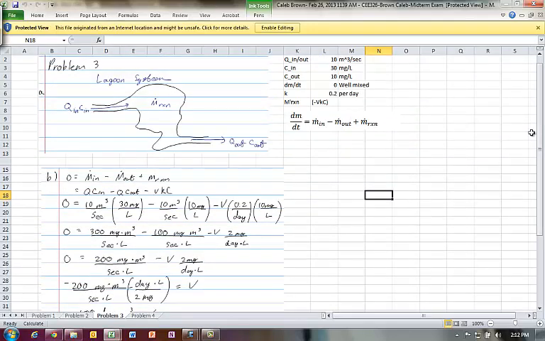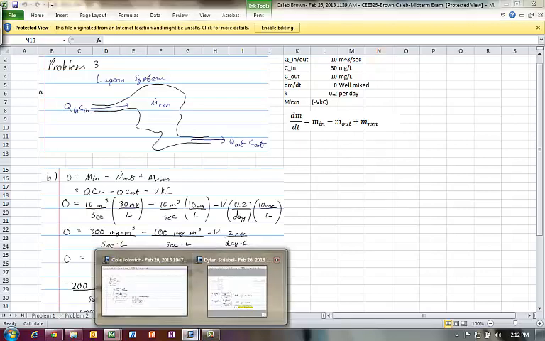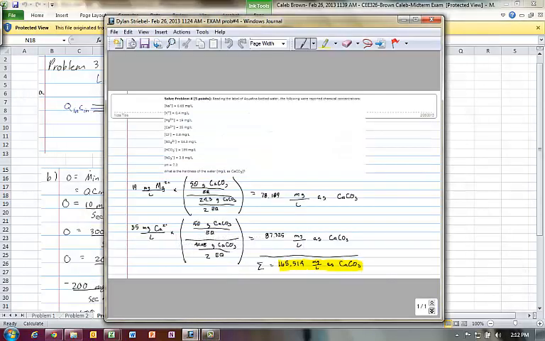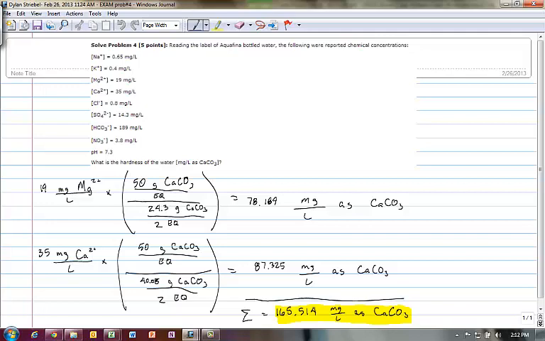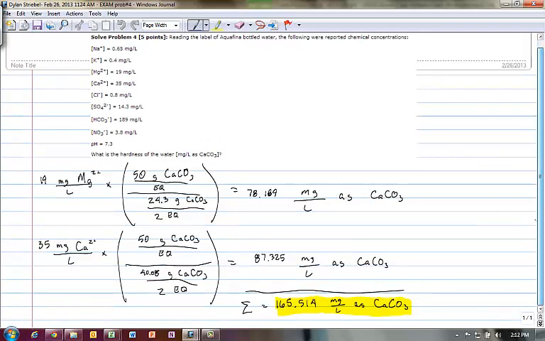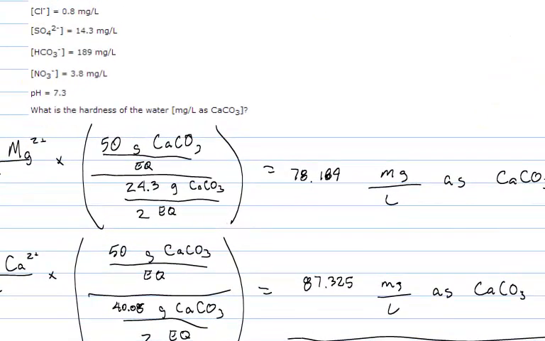And the last problem was the hardness problem. Let's see if I can find that. All right, so the hardness problem. I give you a lot of extraneous information, but you essentially have to calculate hardness as the sum of the divalent cations in the water. That would be magnesium and calcium. We've got magnesium at 19 milligrams per liter and calcium at 35 milligrams per liter.